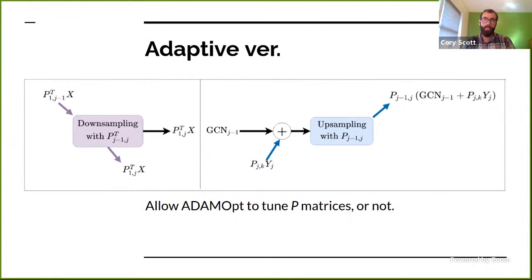But then once we create a machine learning model with those P matrices as our projection operators, we can decide to either leave them fixed during training, or we can let them vary according to the gradients that the network as a whole is receiving from its error. Because it's easy to just pass gradients through matrix multiplication.